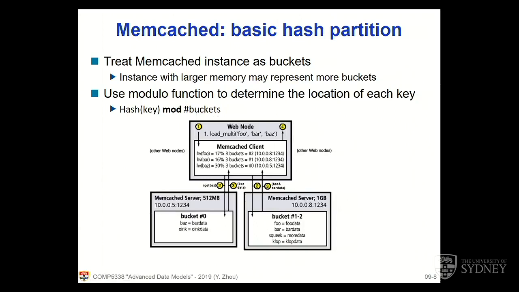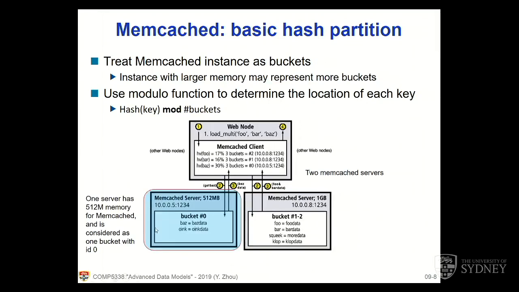Okay, let's see an example here. This is a web node which runs the client library, which knows there are 2 memcached servers, and we know the unique IDs of the servers.